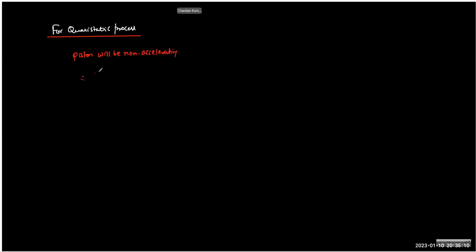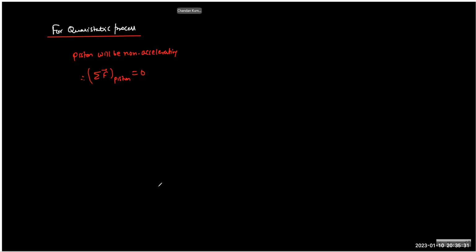Therefore, the net force on the piston, the vector sum of the forces on the piston, must be zero. So when you're solving any thermodynamic question, without any doubt, always assume the net force to be 0.